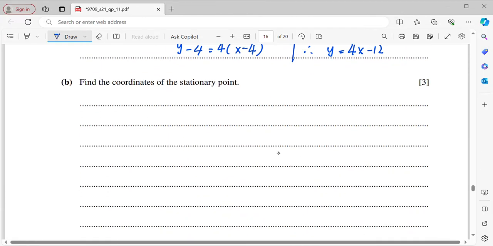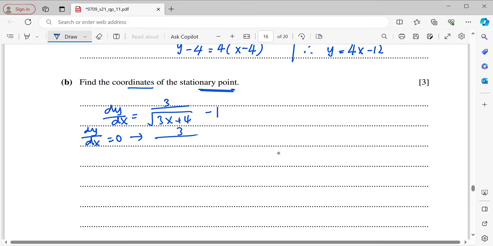Now B, find the coordinates of the stationary point. Stationary points means dy/dx equals 0. Just now we have found the dy/dx. So dy/dx just now was 3 over square root of (3x plus 4) minus 1. And now you let this be 0 because of the stationary point. So 3 over square root of (3x plus 4) minus 1 equals 0. So the minus 1 will be moved to the right side.